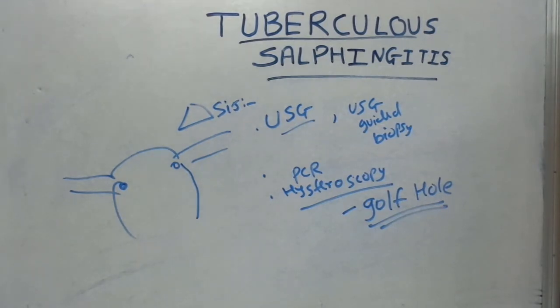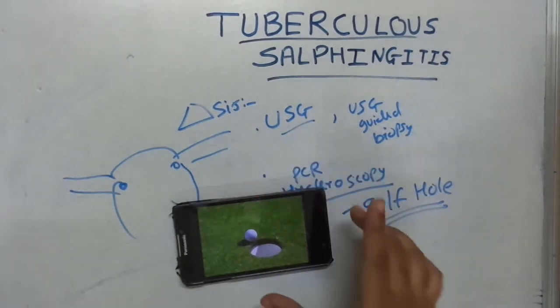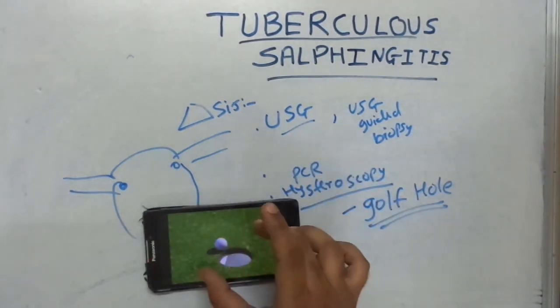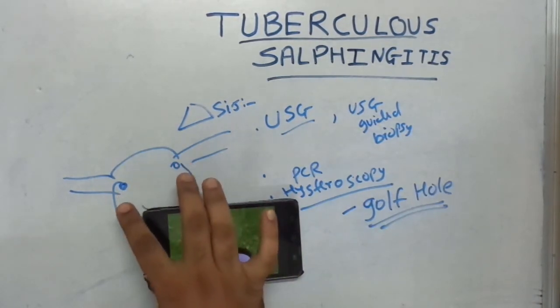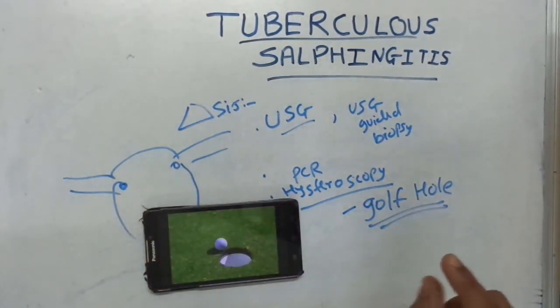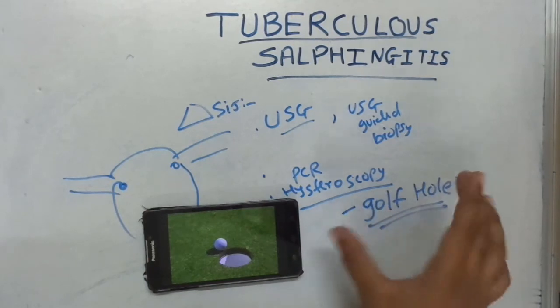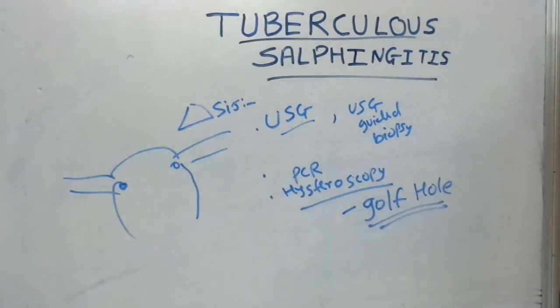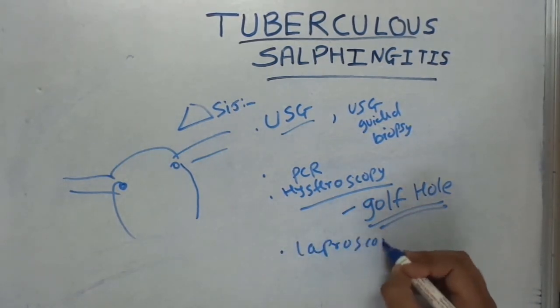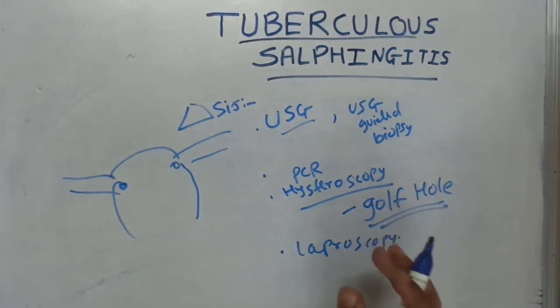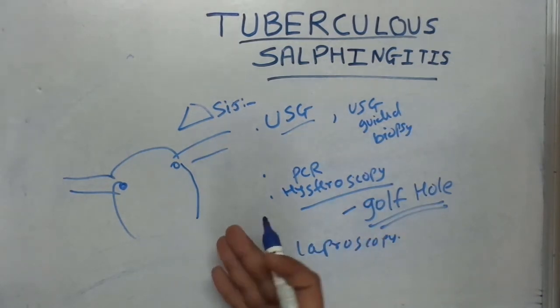Just an image. So remember, golf hole appearance of the ostia of the fallopian tube, that is the opening, in tuberculous salpingitis in hysteroscopy. We can also perform laparoscopy or chest X-ray to find the primary lesion.